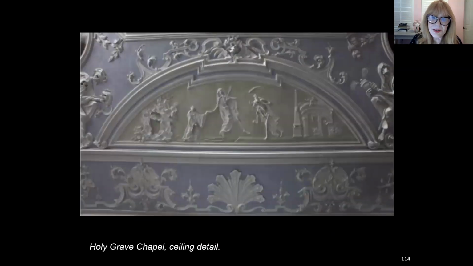And then here is a skeleton with the Grim Reaper pulling this individual along, probably into the kingdom of heaven here. And here's the skeleton with the vase of ashes. And then here's the shell shape, the rocaille. Really fascinating place.